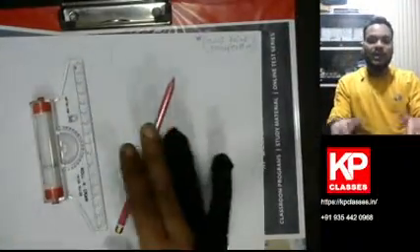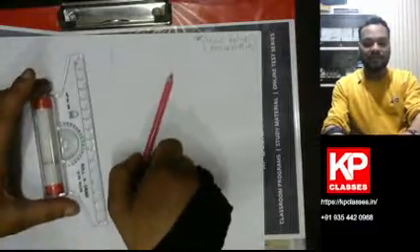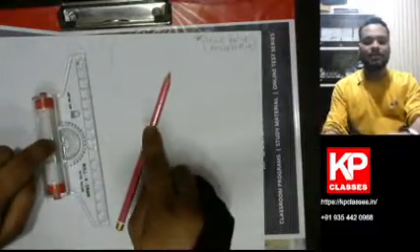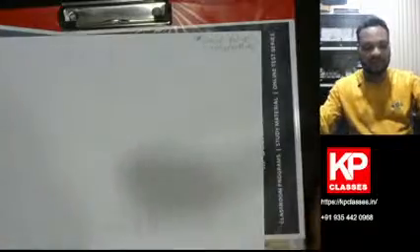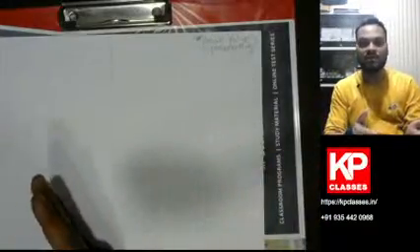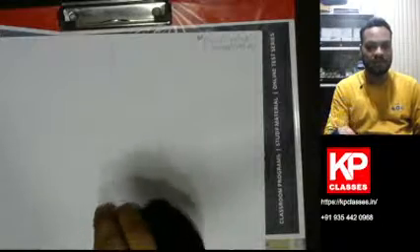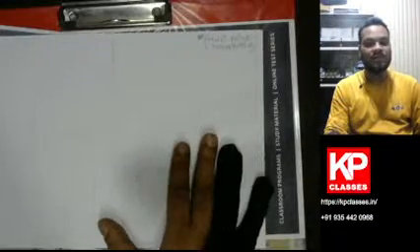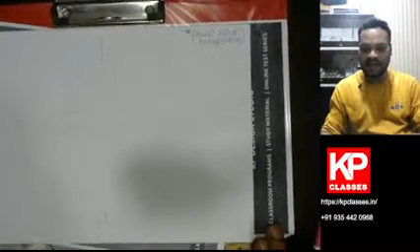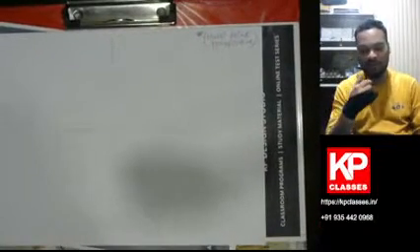If visually you can differentiate between them, that this is a scale and this is a pencil, in the same manner you can differentiate between a shoe and a cell phone. So if you can imagine all the things in your mind, you can draw them by using this technique called perspective, which is very interesting as well as a very fun technique to learn, and you'll be able to draw almost everything.